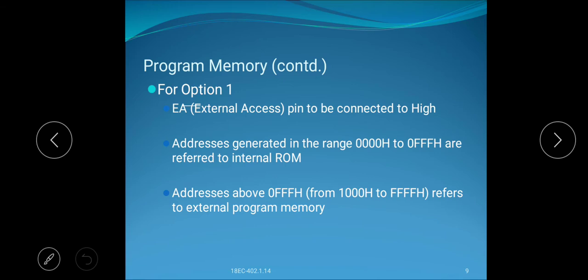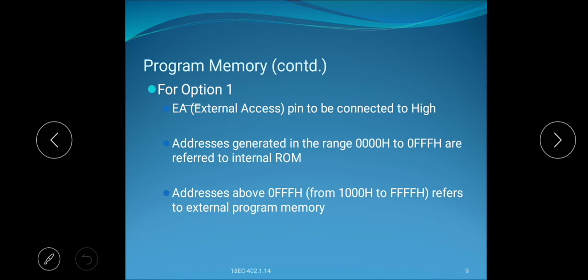The addresses generated in the range of 0000H to 0FFFH refer to internal ROM.